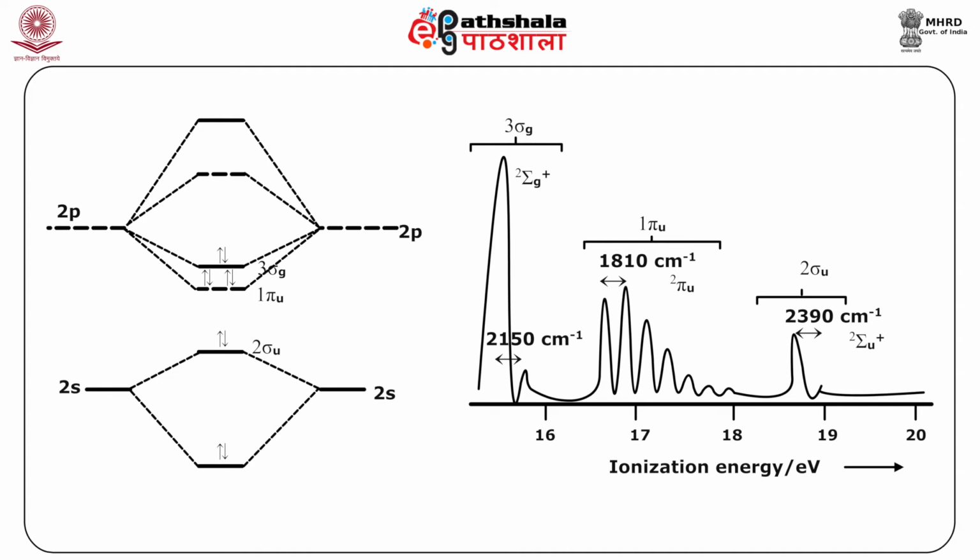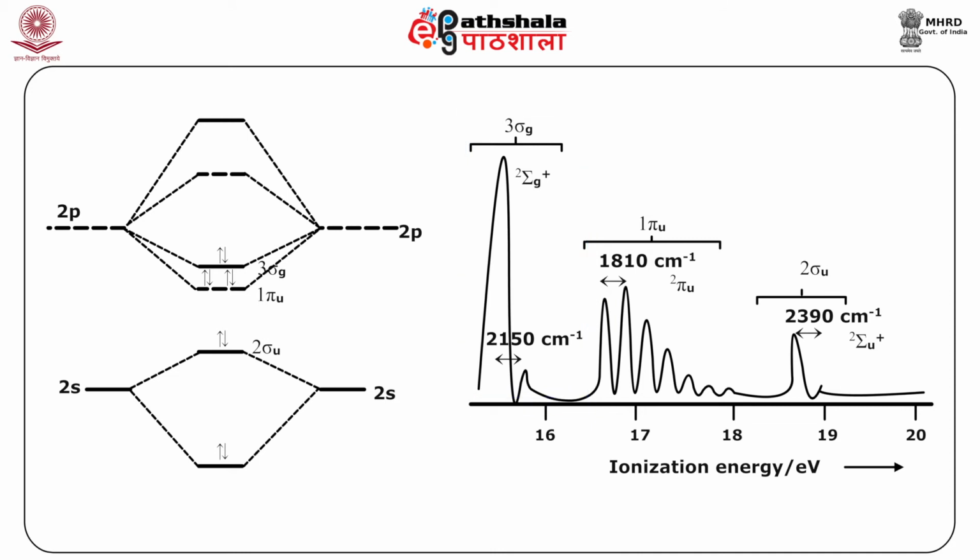Ionization leaves a molecule in its cationic state, that is N2⁺, with an unpaired electron. Three bands are observed in the photoelectron spectrum of dinitrogen. The first has an adiabatic ionization energy of 15.58 electron volt, and this is due to the 2Σg⁺ state which results from ionization of a 3σg electron, which we have noted is the easiest to remove.